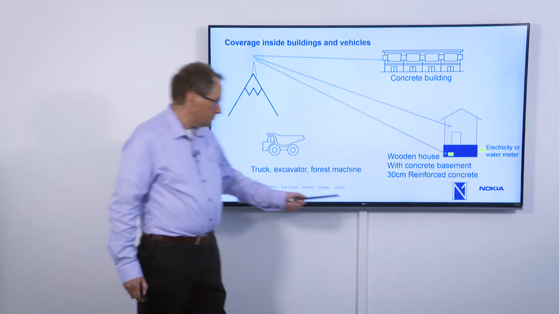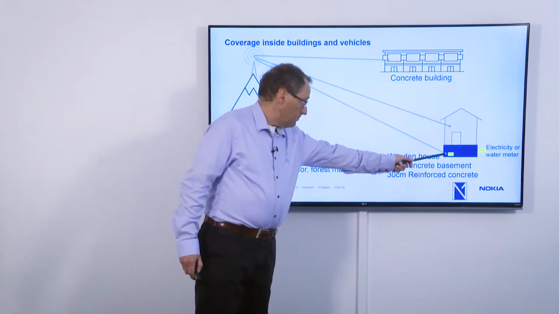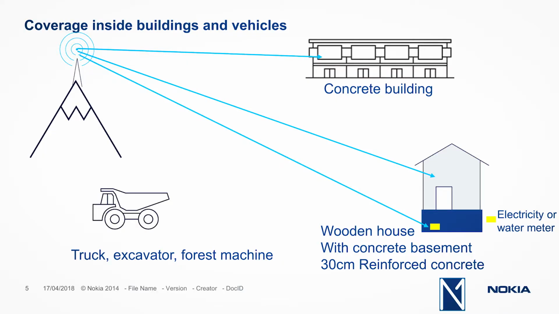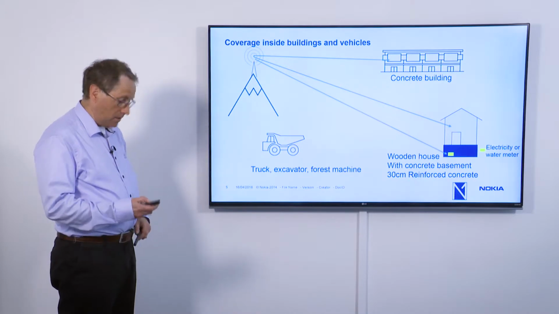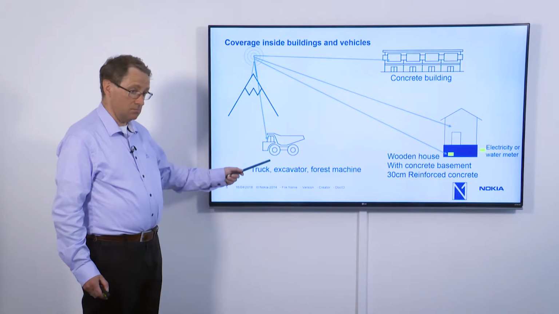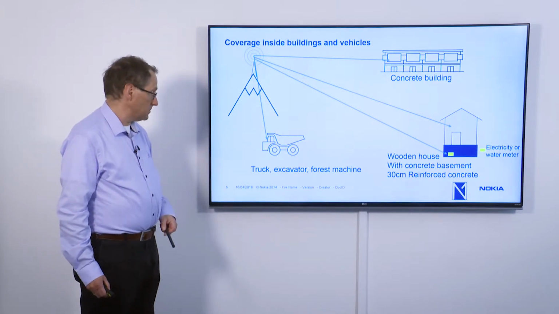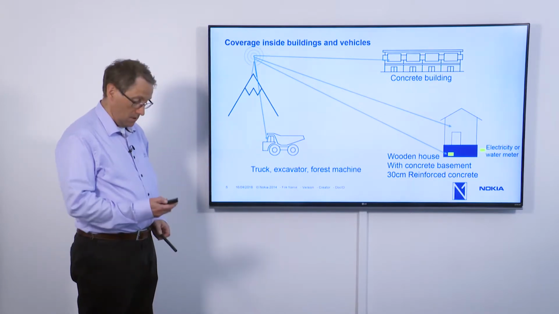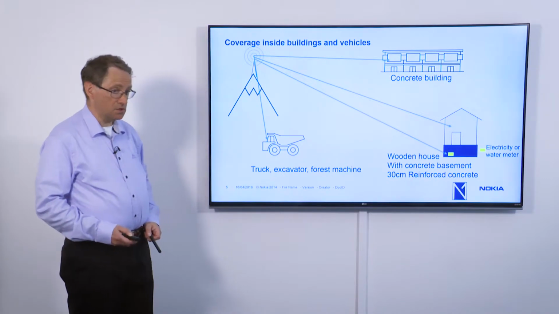Typically a basement can have a concrete wall of up to 30 centimeters, or you have bricks, which are around 25-30 centimeters. And also a common use case for IoT is trucks, excavators, and forest machines. They can also have quite high losses.